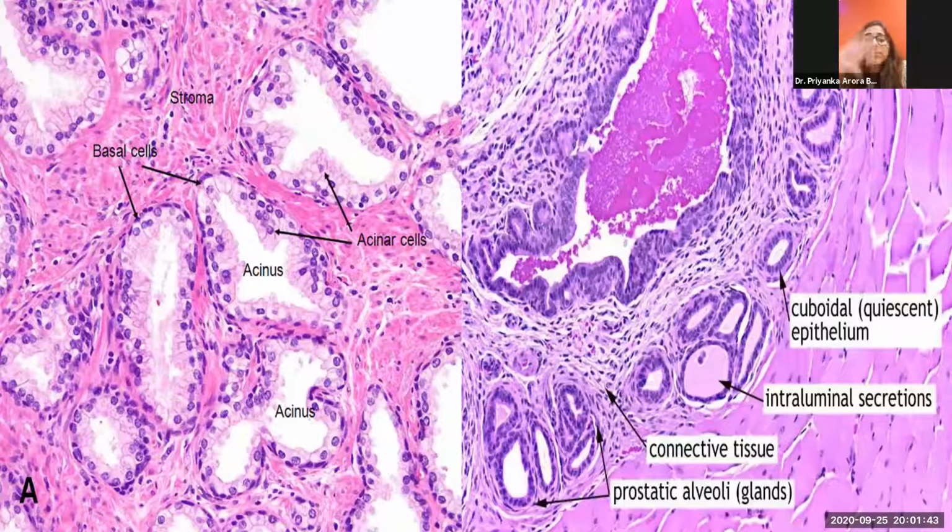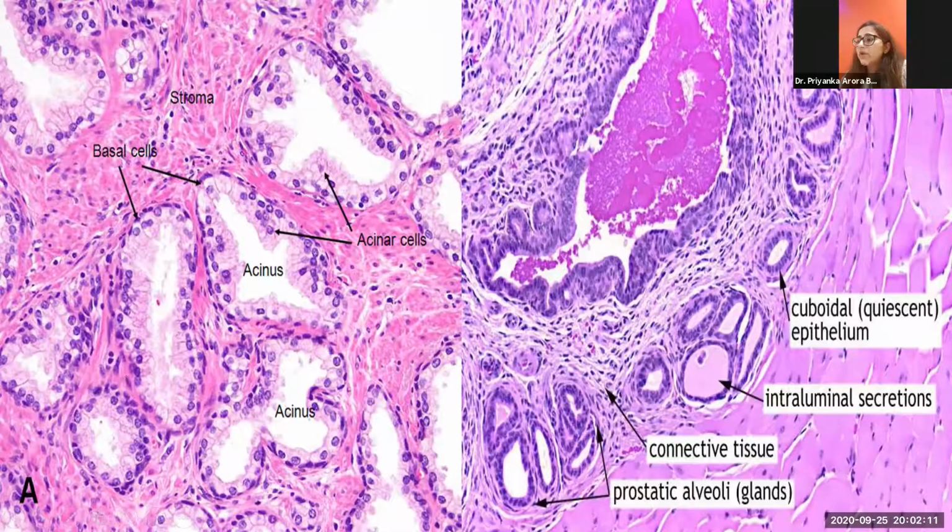So the basement membrane surrounds these basal cells. This is for theoretical knowledge because obviously you cannot see basement membrane here. But yes, so basal cells are these spindle cells or the cigar-shaped nuclei that you see here, and these are the acinar cells. And then there is the third type of cell that is usually seen only on special stains and IHCs, and that is the neuroendocrine cells. So these are variably present in various acini.